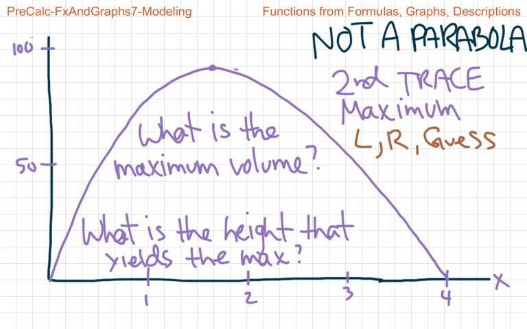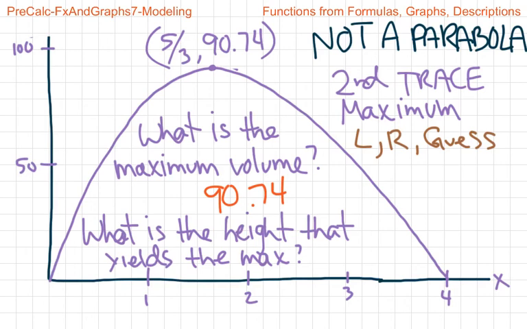All right, so what you'll end up finding is that the maximum value, the y value, is 90.74. So what's the maximum value? 90.74. At what height is that maximum yielded?